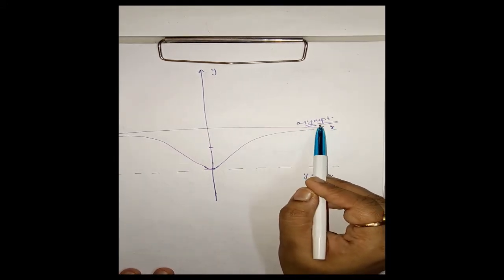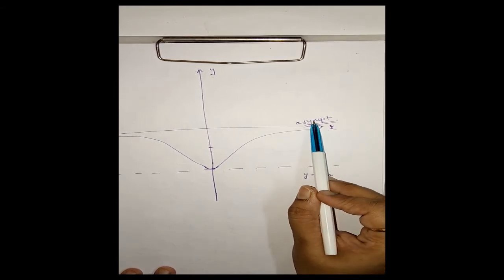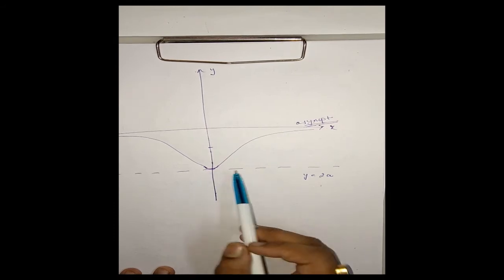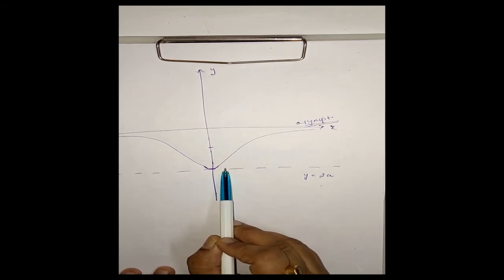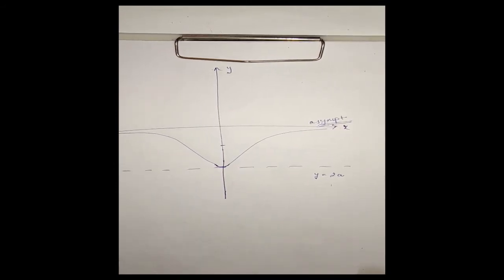So the x-axis is the asymptote, y is equal to 2a is the tangent, and this value is the minimum value. Okay, now this is the graph in the third and fourth quadrant when my a is negative.